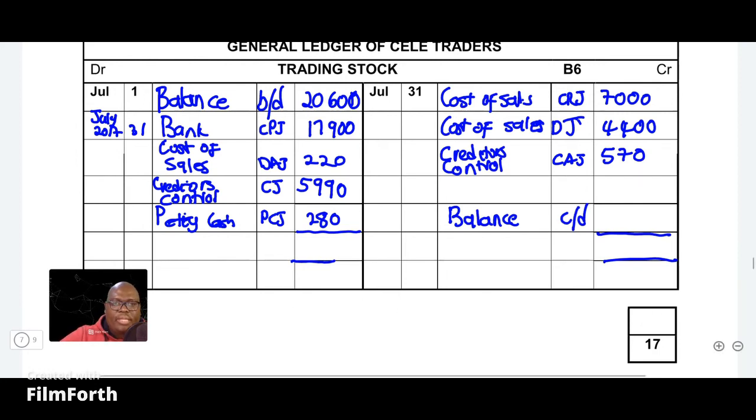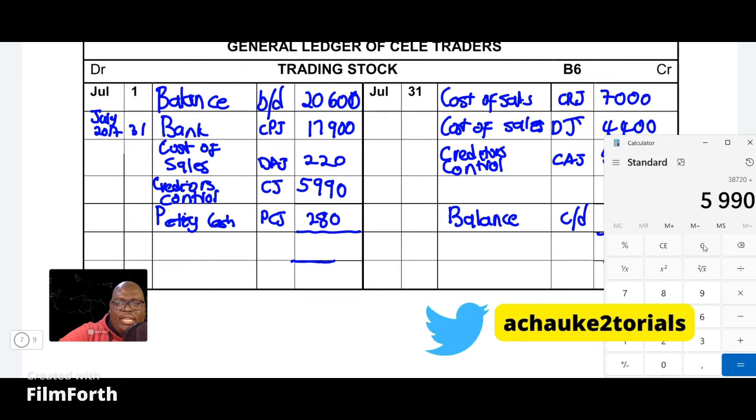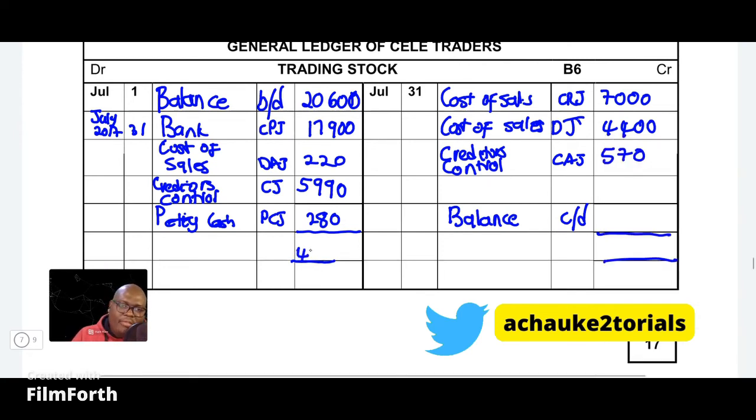Okay, so let's check how much we are going to get. 20,600 plus 17,900 plus 220 plus 5,990 and then plus 280. We're getting 44,990. So that's going to be our total here.